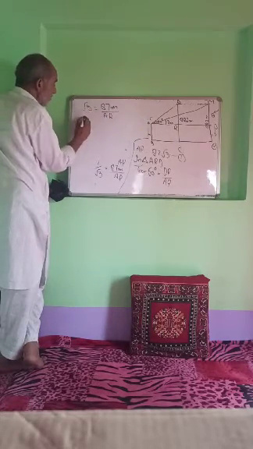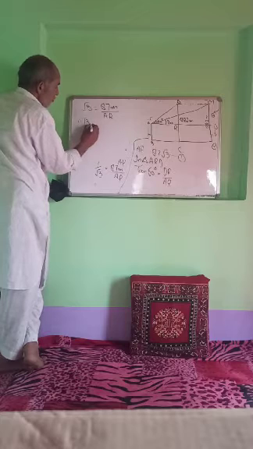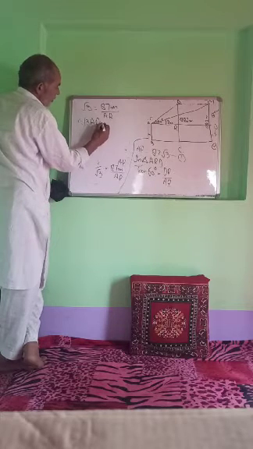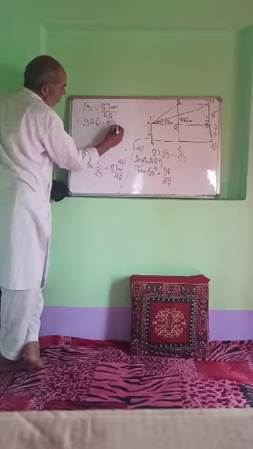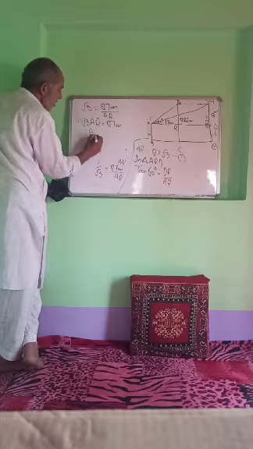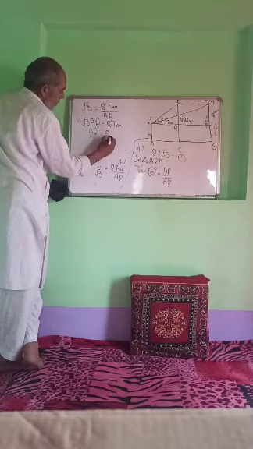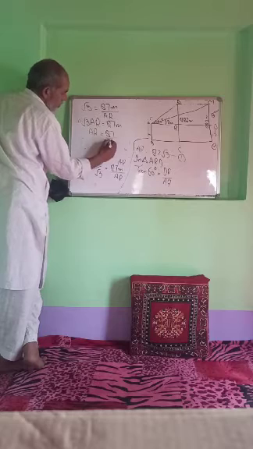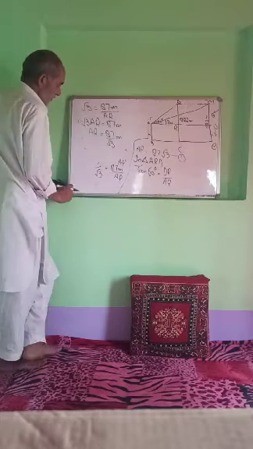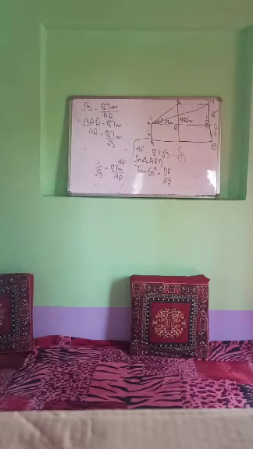Through transposition we will get root 3 into AR is equal to 87 meters, or AR is equal to 87 by root 3 meters.